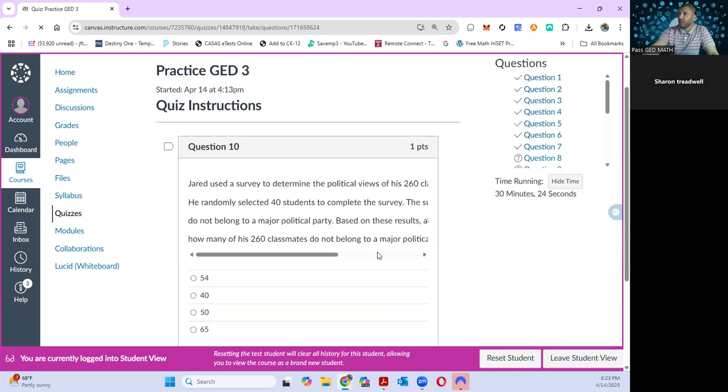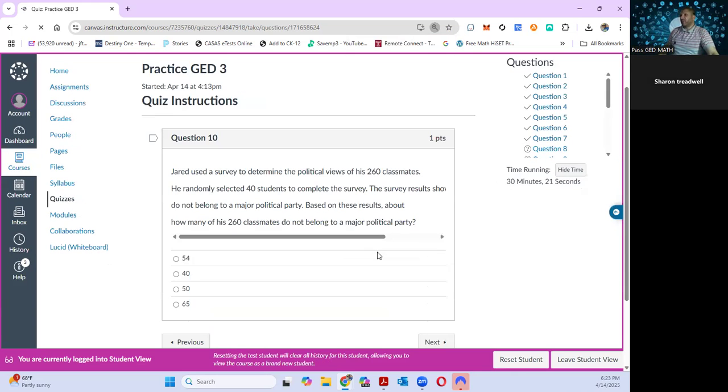See if I can make this a little smaller. Jared used a survey to determine the political views of his 260 classmates. He randomly selected 40 students to complete the survey. The survey results show that 10 of them do not belong to a major political party.